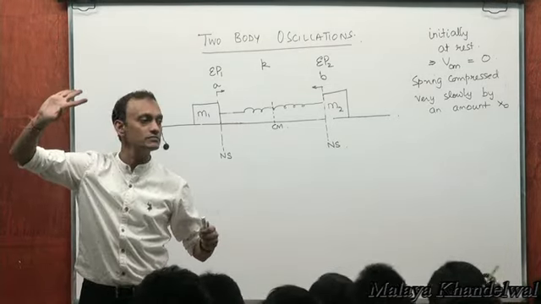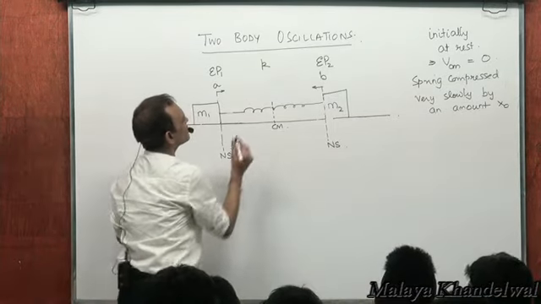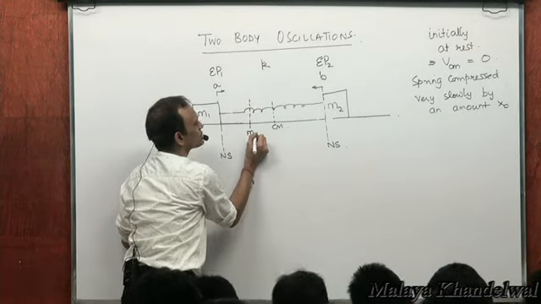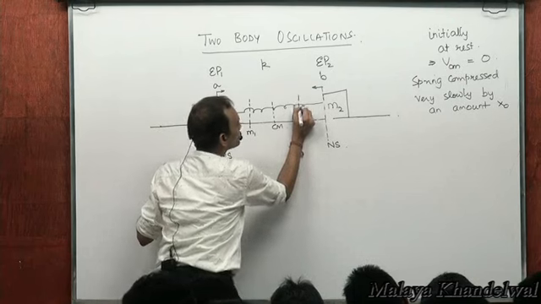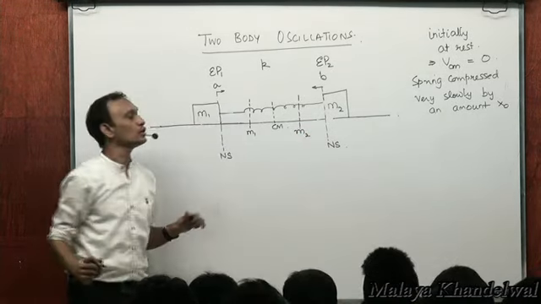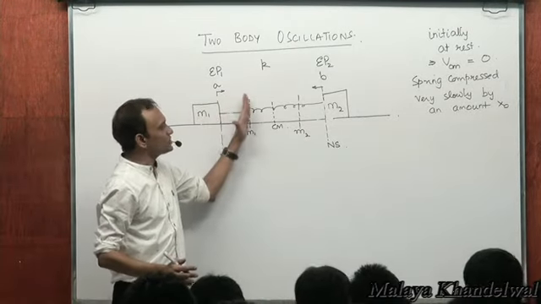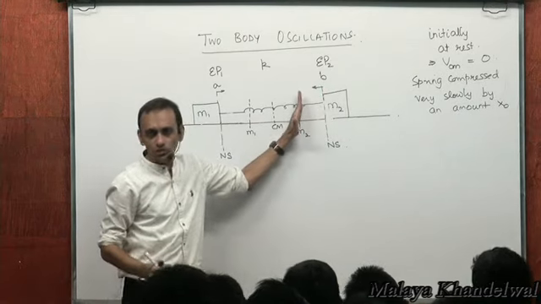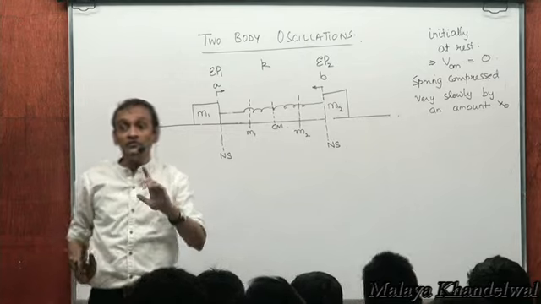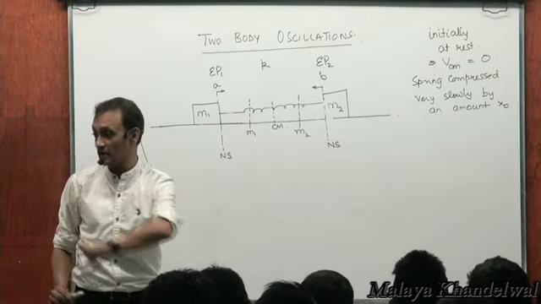Is that registered? Okay. Now, say M1 was brought to this position. M2 was brought to this position. In our attempt to compress the spring by an amount x naught, M1 was brought from this state to this state. M2 was brought from this state to this state. Right? And all of this did not result in any change of position of center of mass.